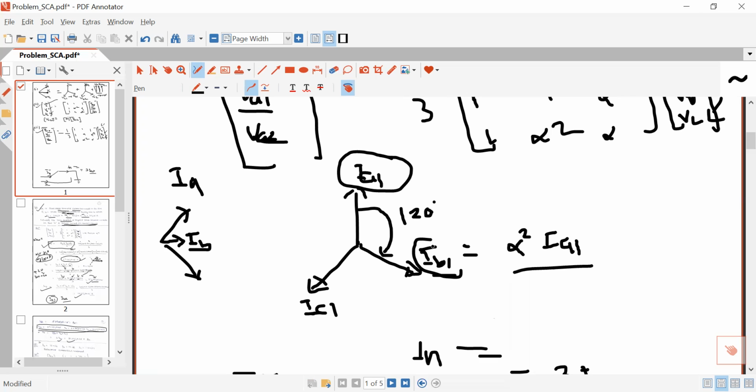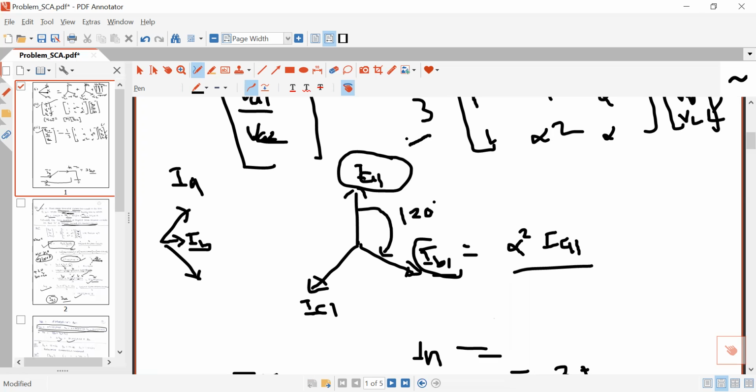When you multiply alpha or alpha square to any vector, its magnitude does not change. It only rotates, either in clockwise or anti-clockwise direction. If you multiply alpha, it rotates in anti-clockwise direction. And if you multiply alpha square, it rotates in clockwise direction.